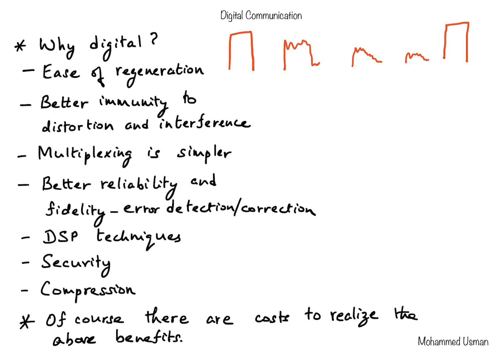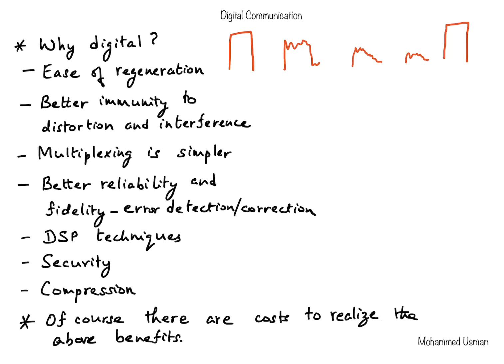This process of regeneration is much simpler in the digital domain with these digital pulses, where the amplitude of the signal will have only two possibilities: one amplitude for a 1 and another amplitude for a binary 0. So as the signal propagates through a communication channel, at certain intervals we can have regenerative repeaters, which would reconstruct or regenerate the original pulse and then forward it further. So that's one advantage of going digital.